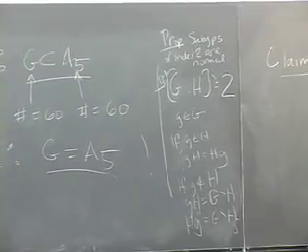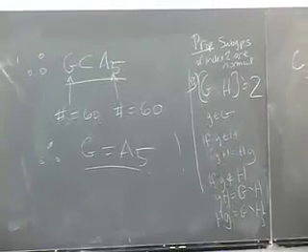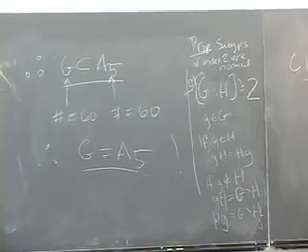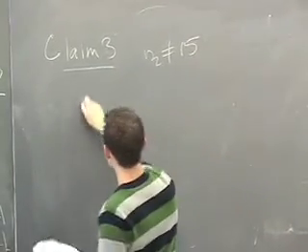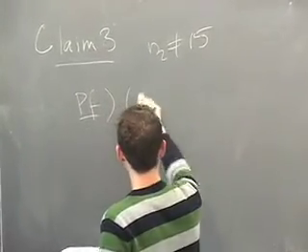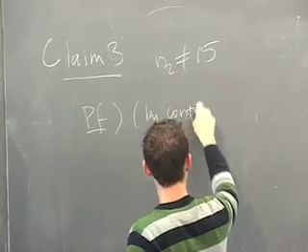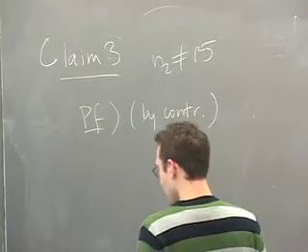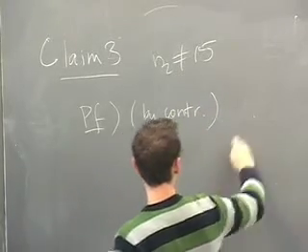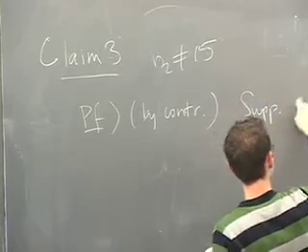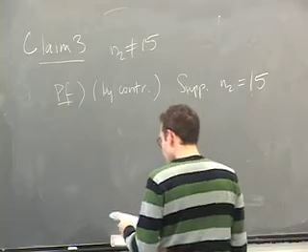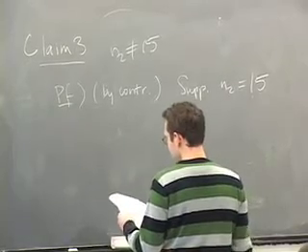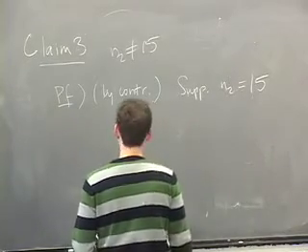Claim 3: N2 is not 15. I'm going to skip over a lot of the details here because it gets to be a bit hairy. But again, it's one of these proofs by contradiction. So suppose it is. Here's a way of putting it.